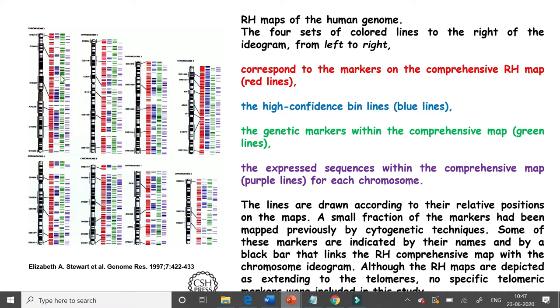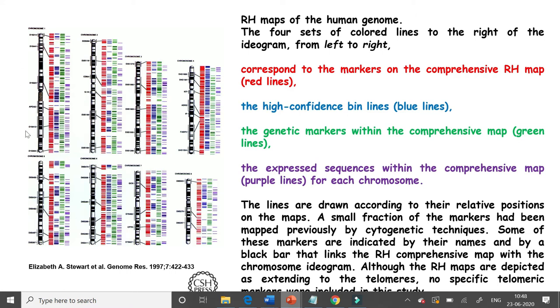The green shows genetic markers with a comprehensive map, and the purple ones were expressed sequence tag markers. This map is very dense, with the positions of the radiation hybrid map markers placed here. Then we have gene markers whereby different genes are mapped, and EST markers which are closely associated with the genes.